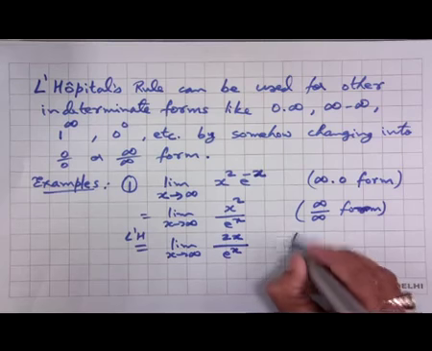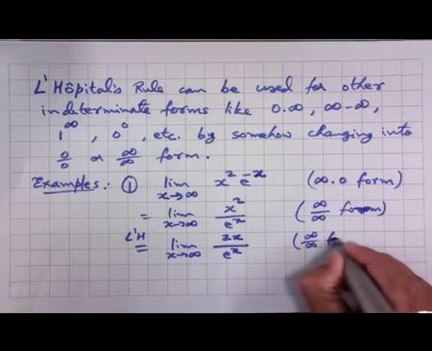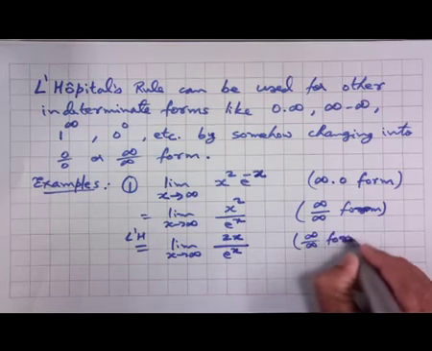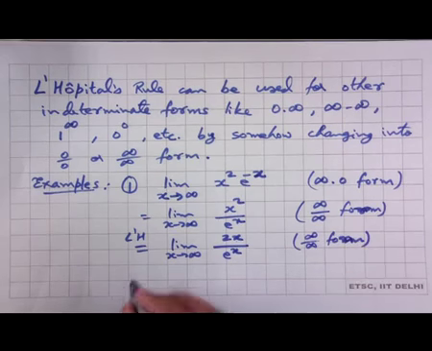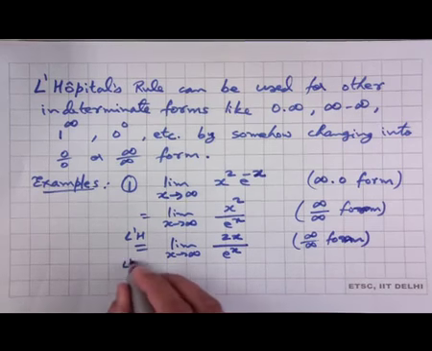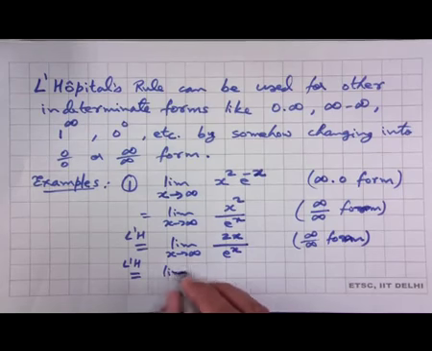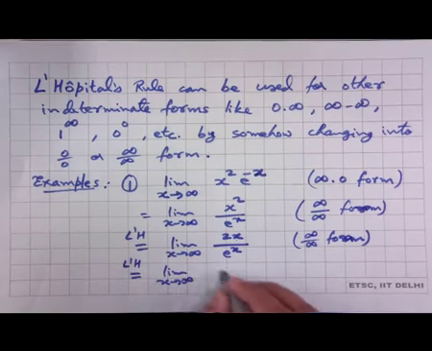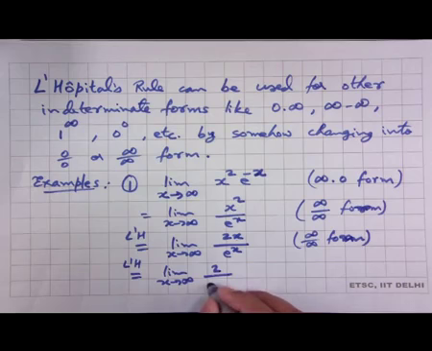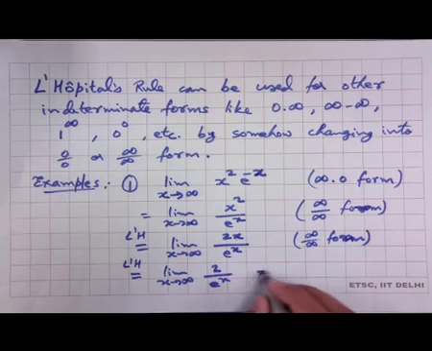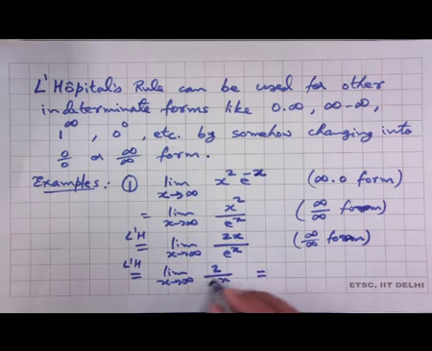This is still infinity by infinity form. So, we apply L'Hopital rule once more and this gives limit x going to infinity of 2 divided by e to the x. Now, as x goes to infinity, this is numerator goes to 2, denominator goes to infinity. So, this is equal to 0.